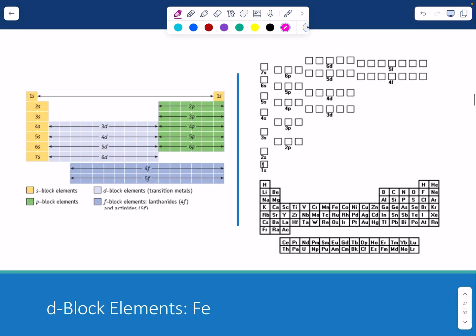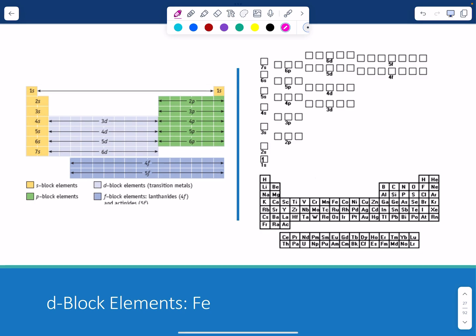All right. So now let's talk about the d block, because the d block has more electrons. And when we get to d and we're looking at orbital energies, you'll notice that 4s is going to fill before 3d.